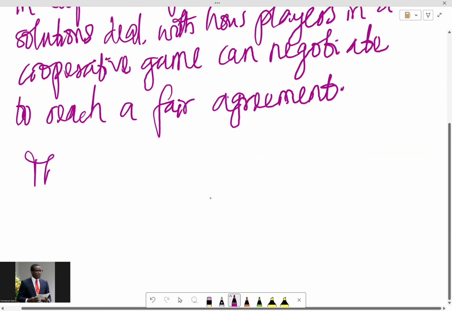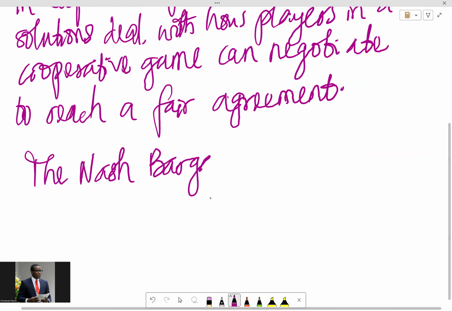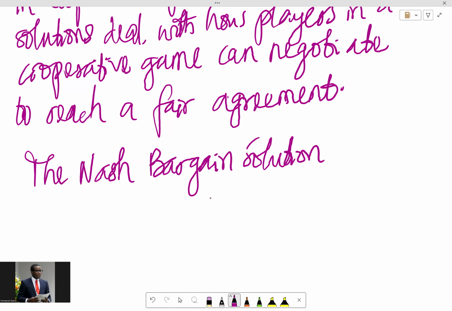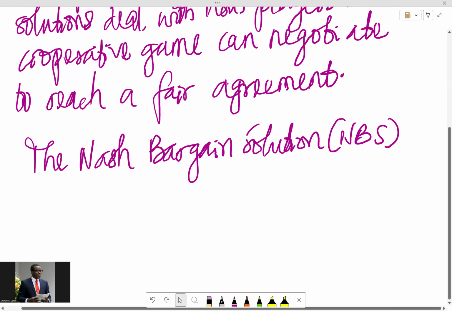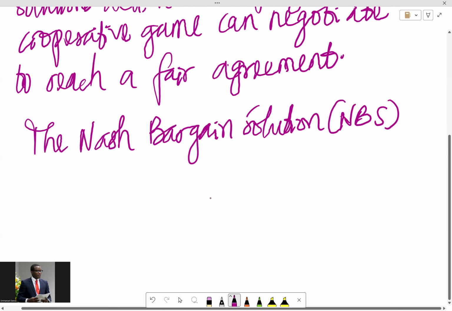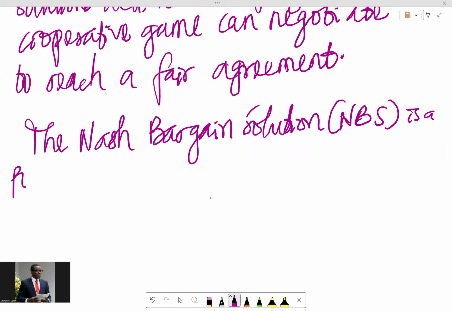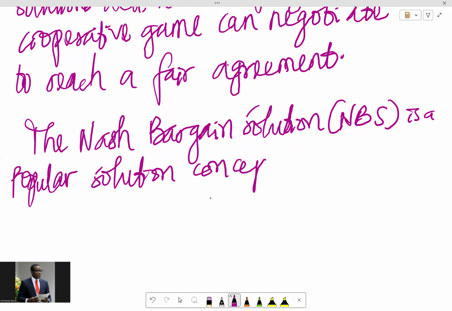There is something called the Nash bargaining solution. Of course, when you hear Nash, you're thinking equilibrium. The Nash bargaining solution, or NBS, is a popular solution concept which maximizes.